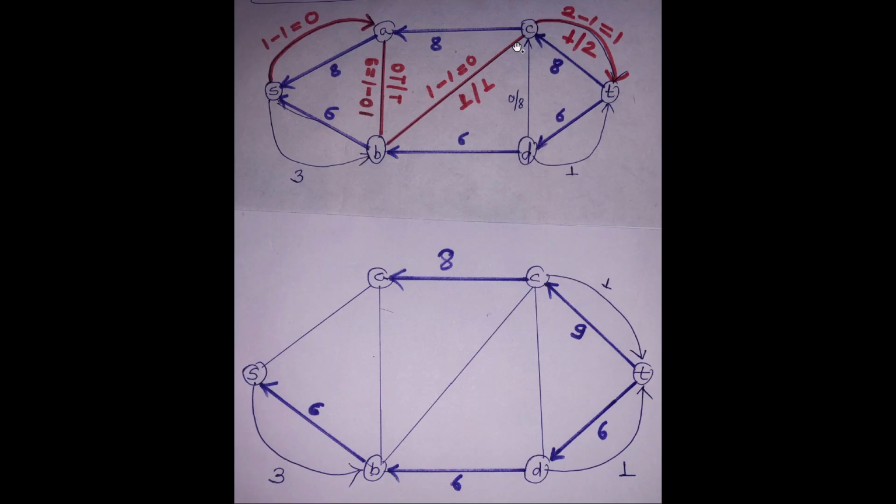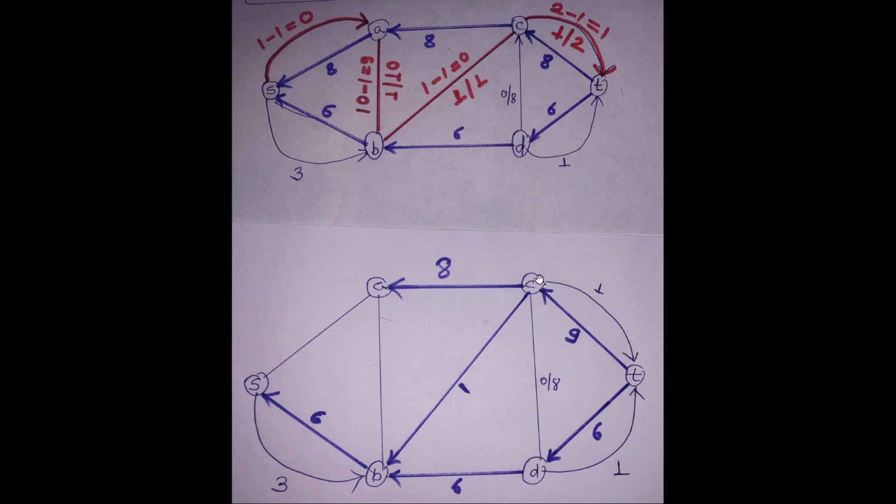So the reverse direction is from C to B. Fullest capacity we have utilized. So the diagram is like this. The reverse direction from C to B, and fullest capacity we have used. So C to A, no forward direction. C to B, no more forward direction, as well as D to B, no more forward direction.